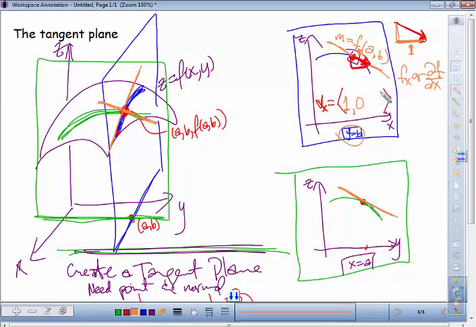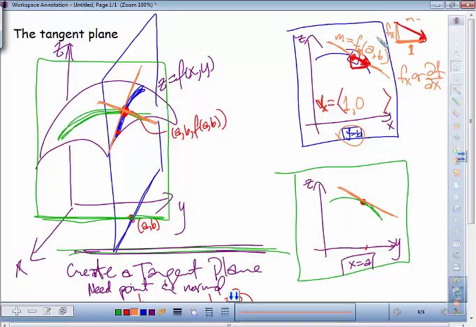Because it's the direction it's moving in. The change in z is, in fact, the partial derivative that we've been talking about. It was what we said yesterday. The slope of this line is a partial derivative. Now, the slope is equal to the rise over the run, and the slope, we said, was equal to fx.